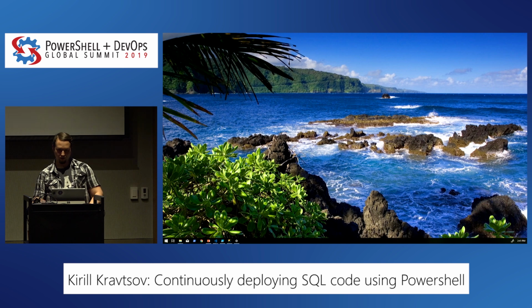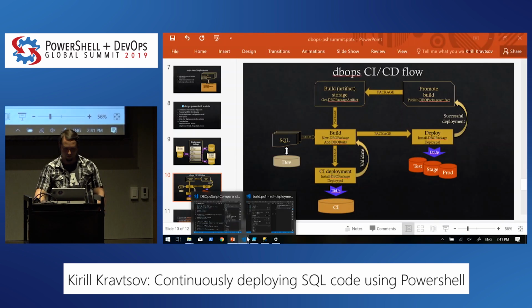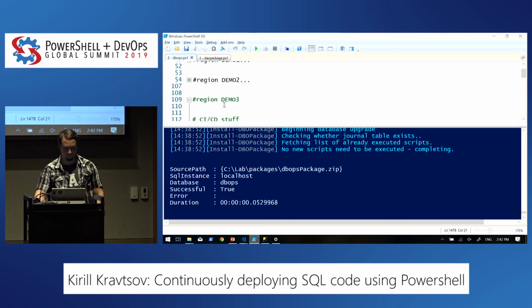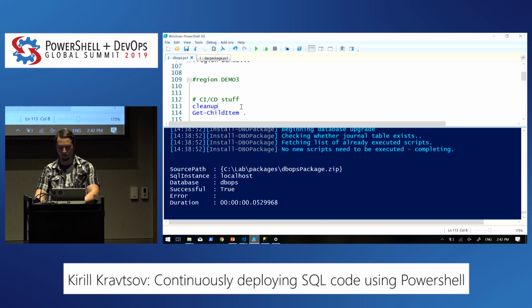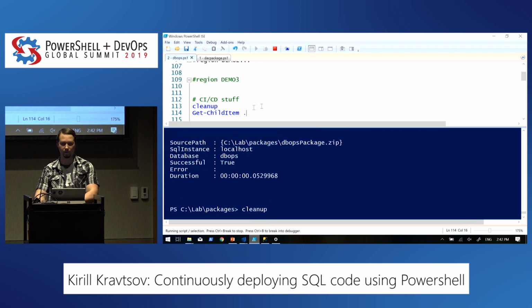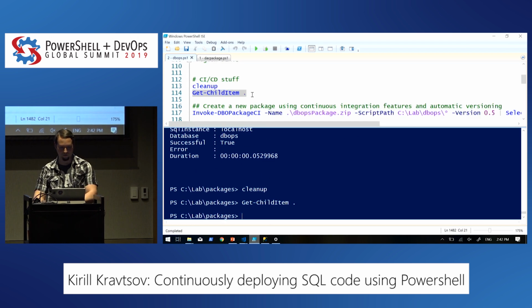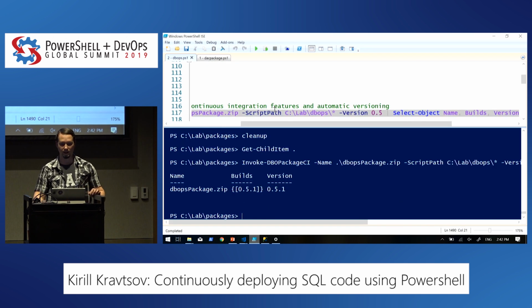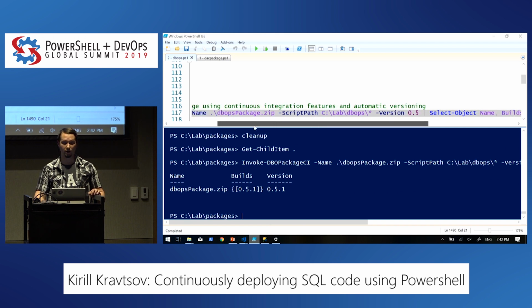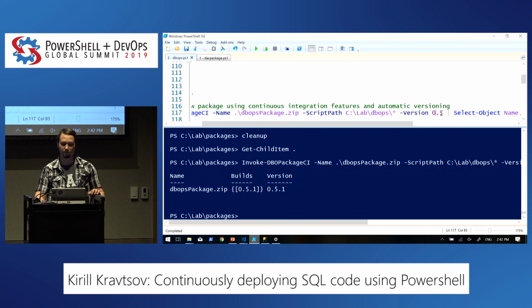So let me go back to the CI functionality. We have like 4 minutes left. So now, I'm just going to quickly run the CI/CD pipeline as if it was inside some kind of deployment tool. So I don't have any files here in this folder. I'm going to use this command here to invoke the package CI, and it will dynamically detect all the new files from this folder and create a package version 0.5.